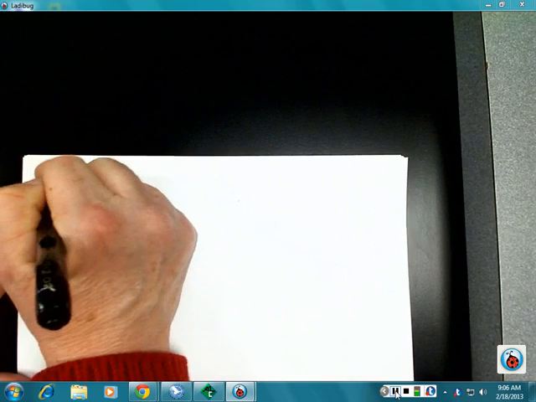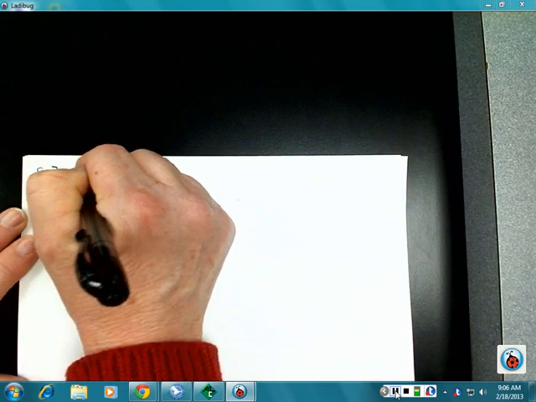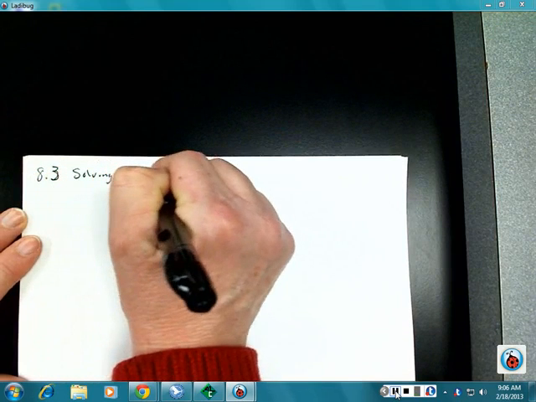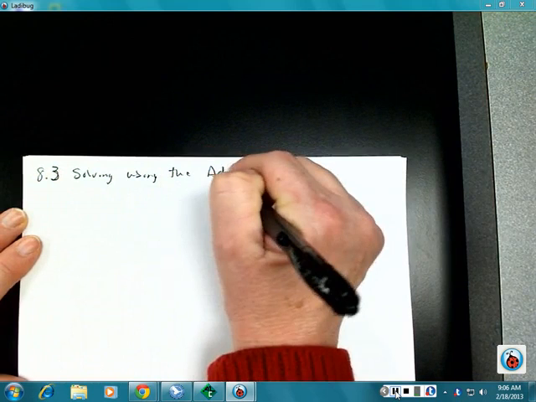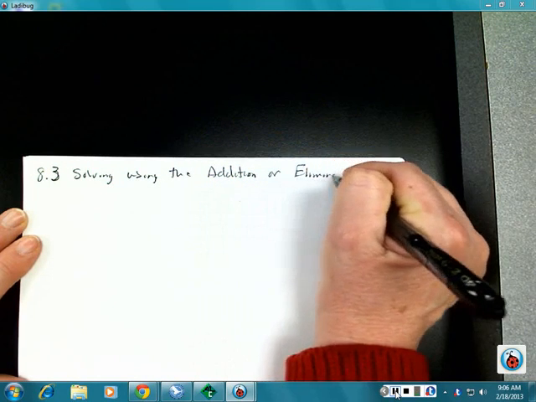So 8.3 is the third method for our toolbox. So far we've had graphing, and that one wasn't as grand as substitution. But now we're going to get into an even easier one than substitution, because in 8.3 we get into solving using the addition or elimination method.